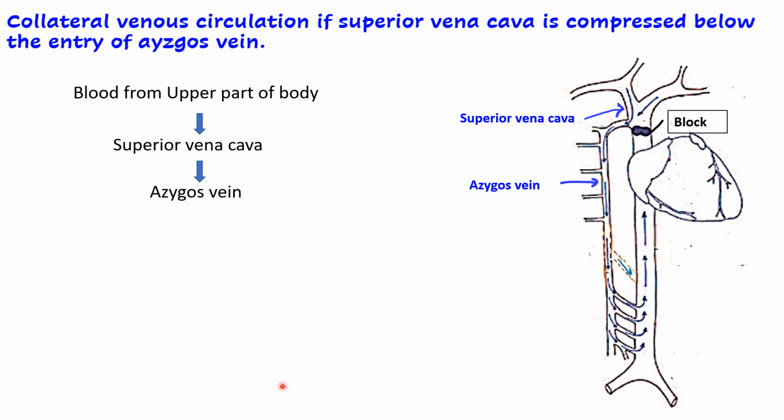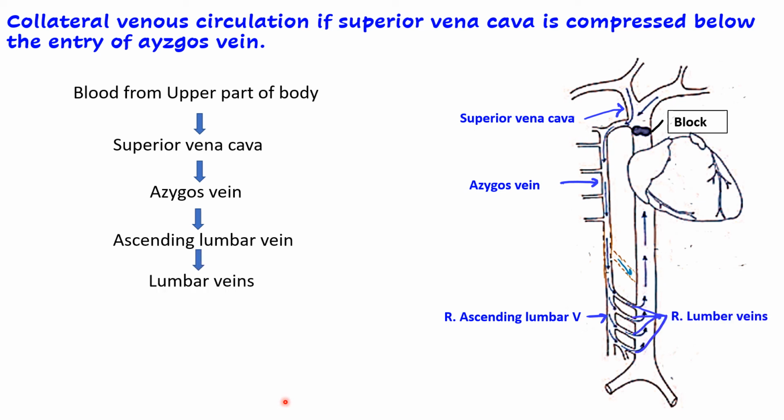From the azygos vein it is going to go downwards and reach the right ascending lumbar vein, where we can see the anastomosis between the lumbar veins. Now blood will enter into the lumbar veins which open into the inferior vena cava. So blood goes into the inferior vena cava, which opens into the right atrium.